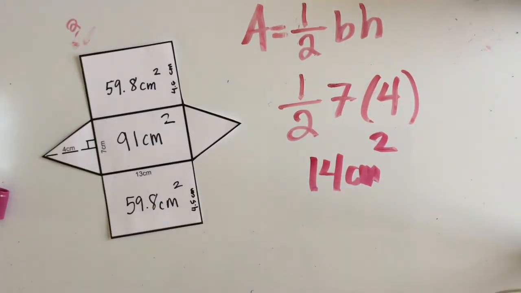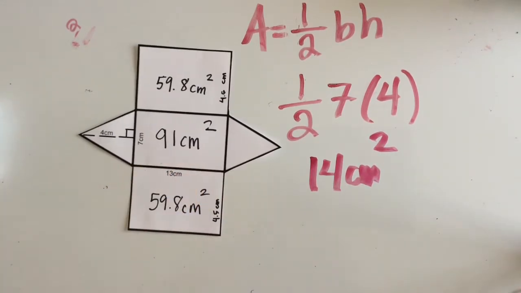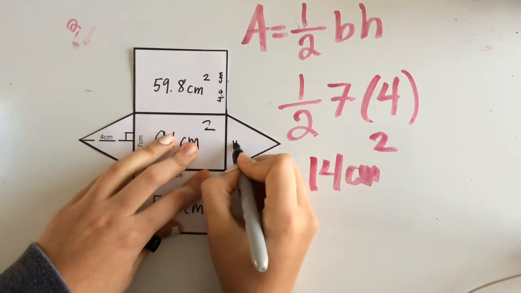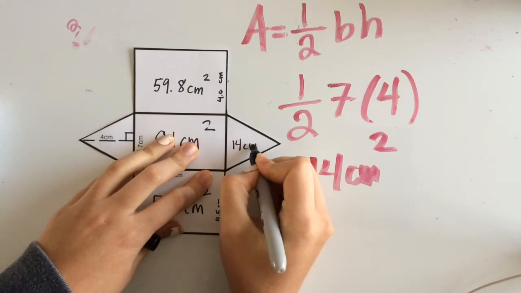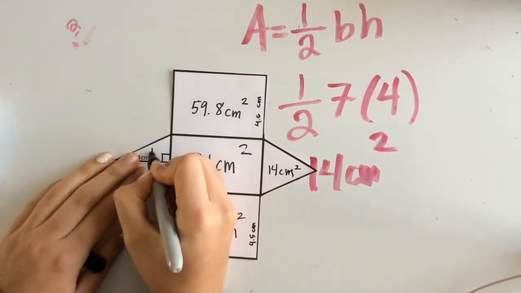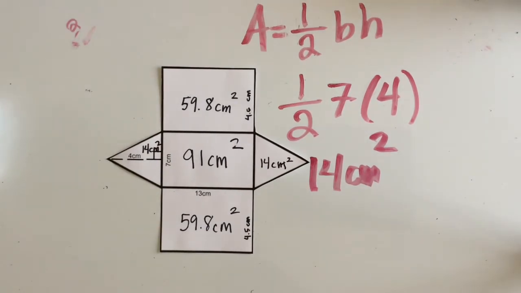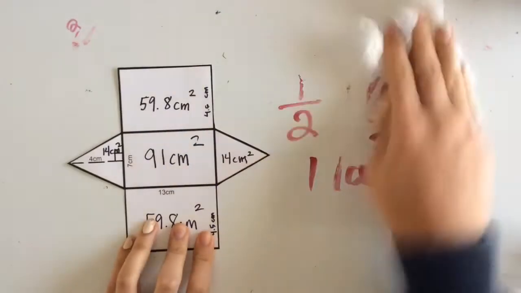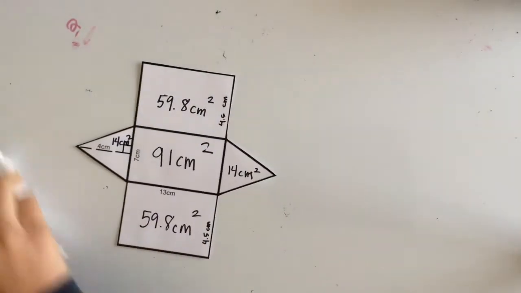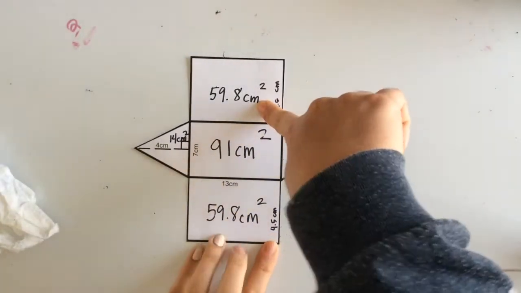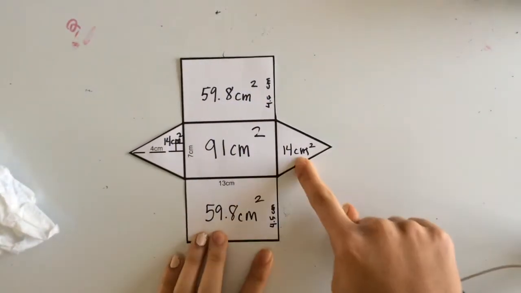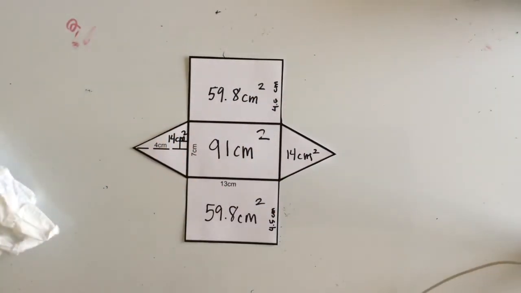So again, I'm going to label my composite figure here. 14 centimeters squared. 14 centimeters squared. So what I have to do to find the area of the whole figure is I just add up each shape. So I'm just going to add 59.8 plus 91 plus 59.8 plus 14 plus 14 on my calculator.